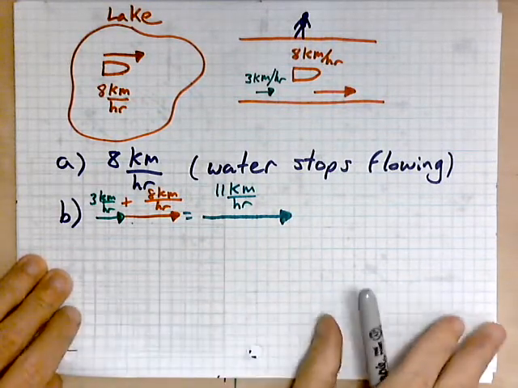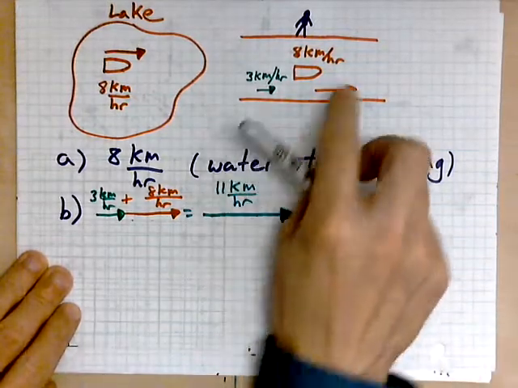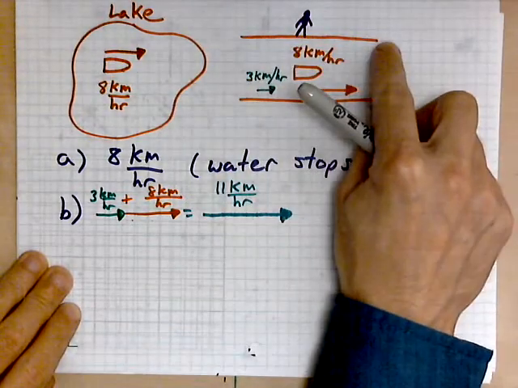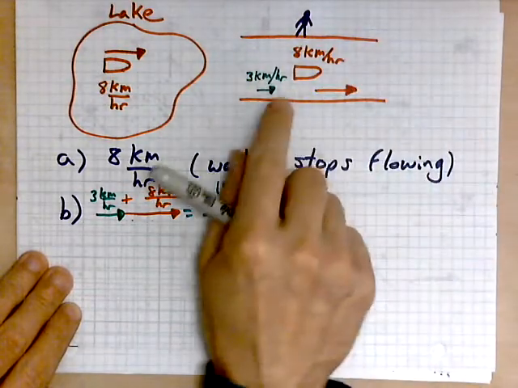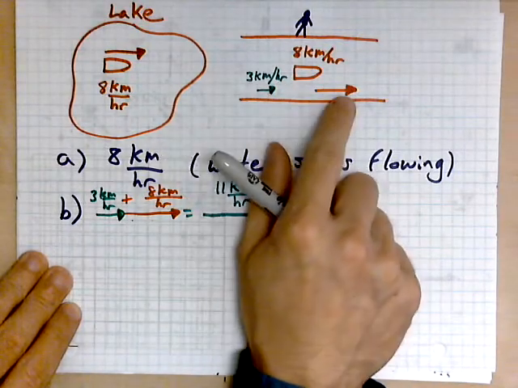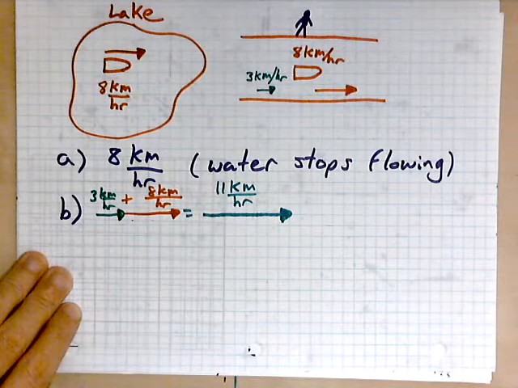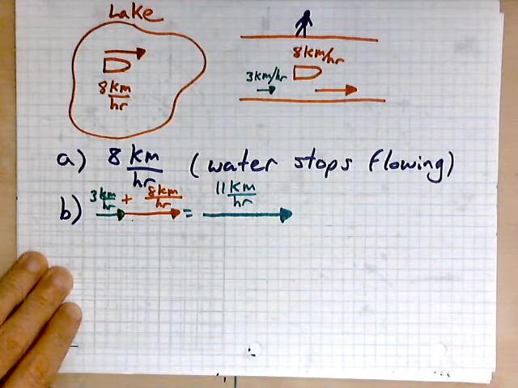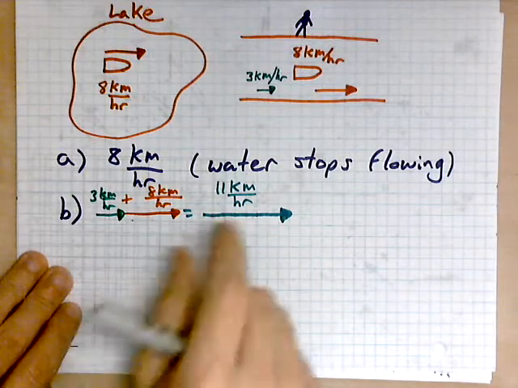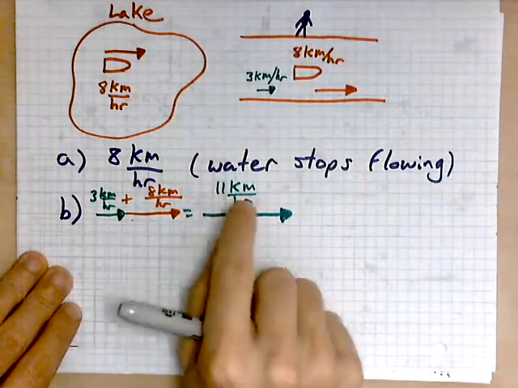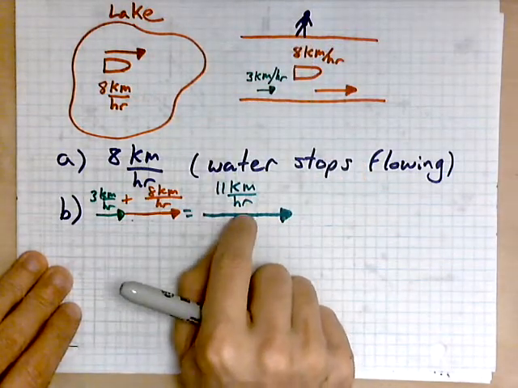So what this tells us is the following. If you have a person standing on the shore, as this guy is doing, and he observes a boat going by, and this boat is moving and the water is moving at the same time, then relative to him, the boat moves at 11 kilometers per hour.